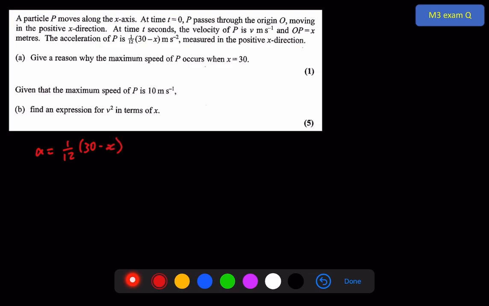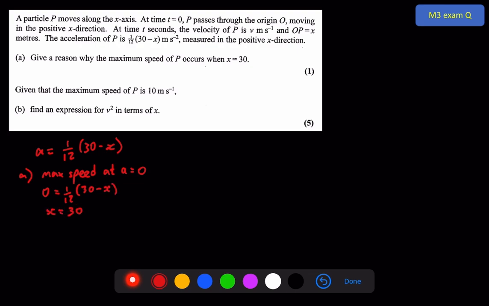Give a reason why the maximum speed of p occurs when x equals 30. Well, the maximum speed happens when the acceleration is 0. So let's put a 0 in there. And that gives x is equal to 30.